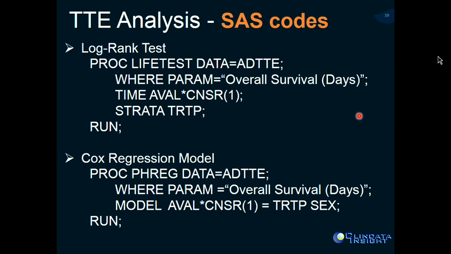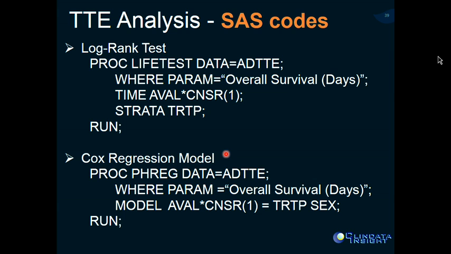Usually there are two major time to event analyses. One is the log-rank test for survival, and another is the Cox regression model. For the log-rank test, as you see in the code, we select the parameter as overall survival, and we compare by AVAL, the time from randomization date to death. We censor all those events excluding death, and then compare by treatment.